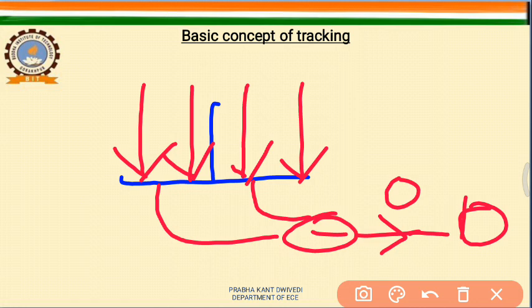There is another way of tracking. If we can exactly predict the location of the sun in the sky according to the weather, the region, and the time. Suppose we have to know the location of the sun on 2nd May 2020 at 2 p.m. in the day.